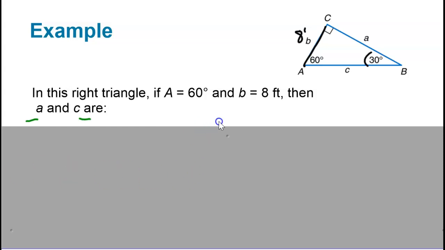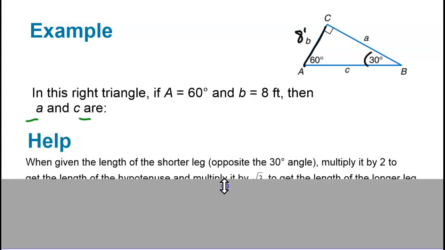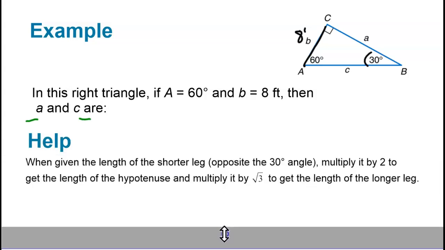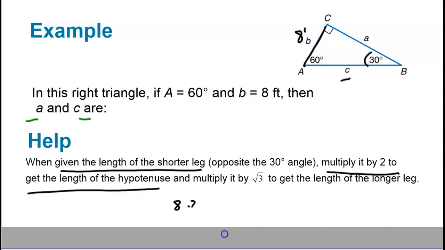Okay, hopefully you went to the rules and you saw that when you are given the length of the shorter leg, you multiply it by 2 to get the length of the hypotenuse. So to get the hypotenuse, which is C, we take the length of the shorter leg and multiply it by 2. So 8 times 2 equals 16 feet, and that equals C.